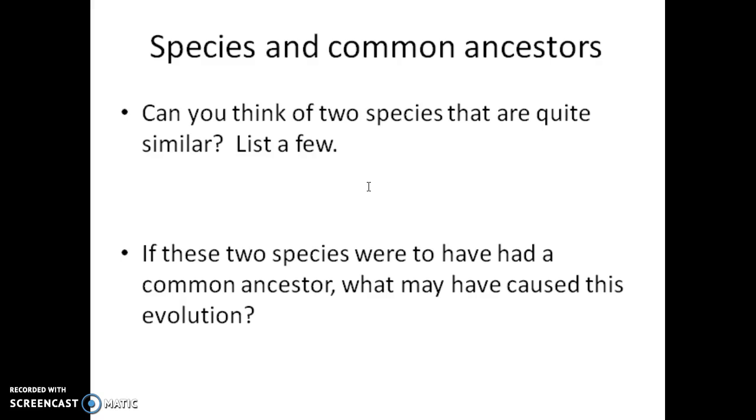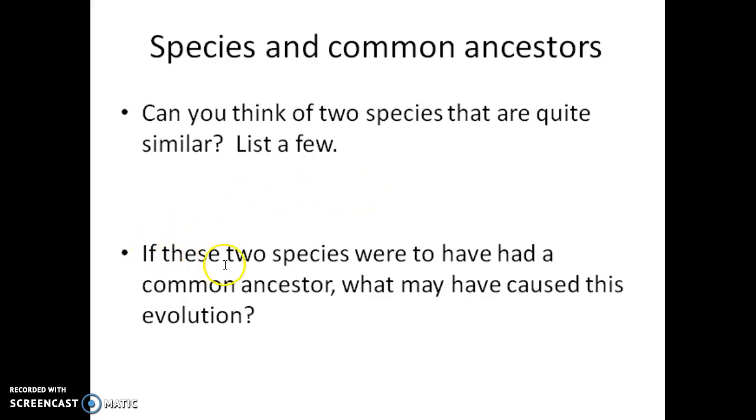So think about that. Maybe lions and tigers? Those aren't the same species. Are they similar? Yeah. Any others come to mind? If so, list some. Moving on.